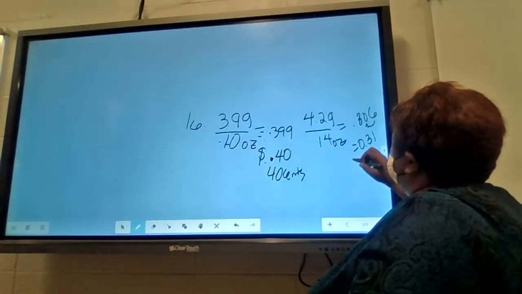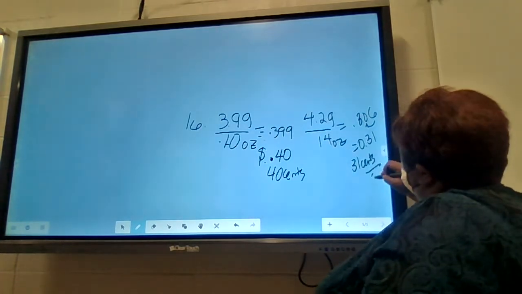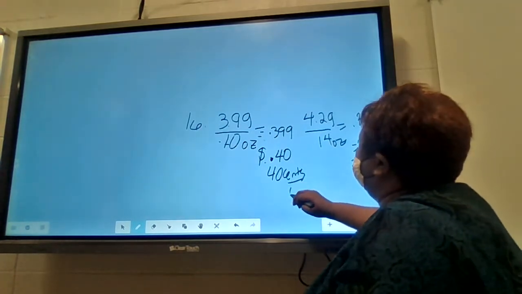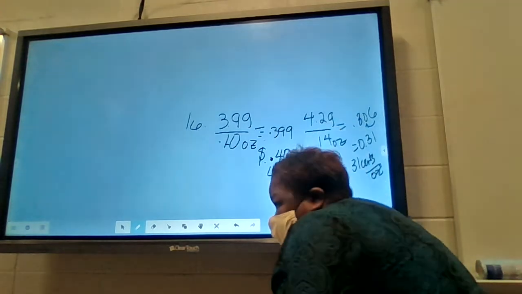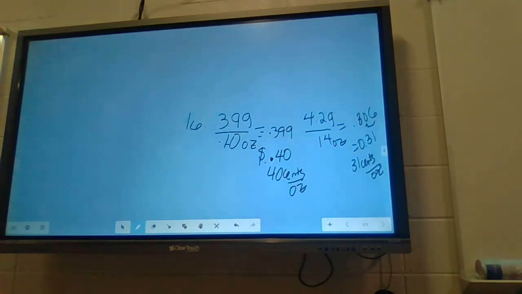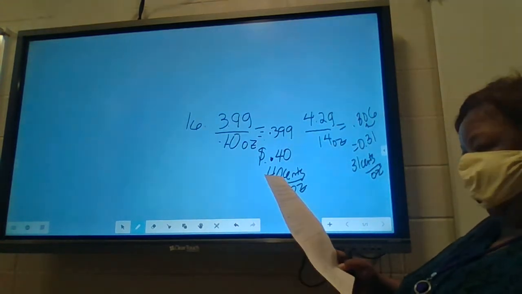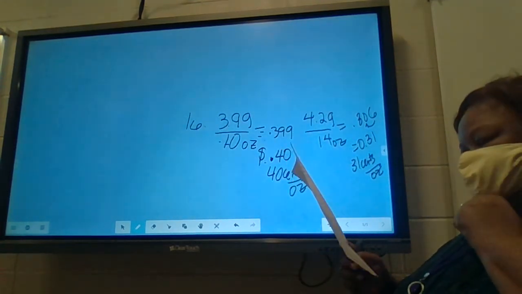So this is 31 cents per ounce, and this is 40 cents per ounce. So which one is the better buy? I hope you say the 31 cents. Yeah, the 31 cents per ounce is the best buy.